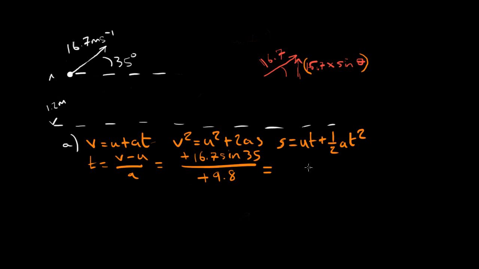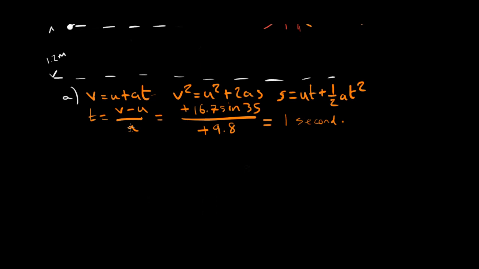So let's round that up, and if it says 0.977, let's say it's 1 second. And let's not get confused. We haven't calculated the answer yet. We just know how long it's going to take to get up to the very top, but we still need to do the second part of the problem to find out how long it takes to hit the floor.